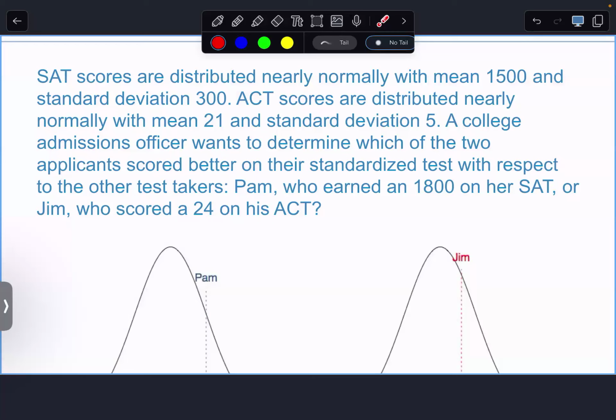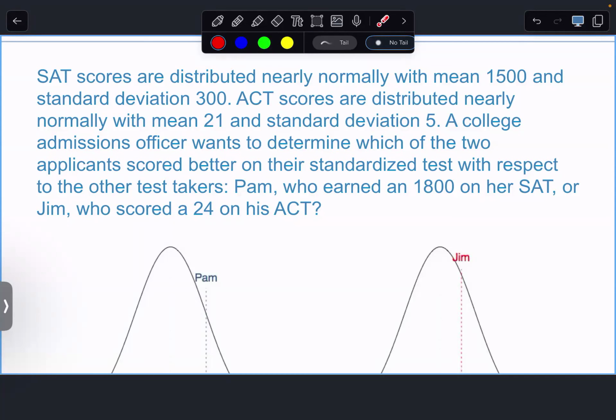The more extreme we get, the rarer it is. SAT scores, and this is an American example, obviously, and the ACTs are just two entrance exams that you can write in the States. They're supposed to measure similar things, academic ability, I guess.